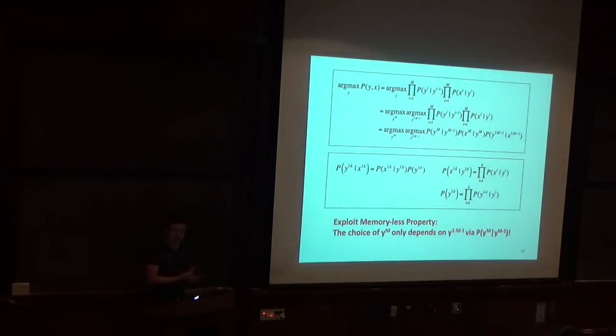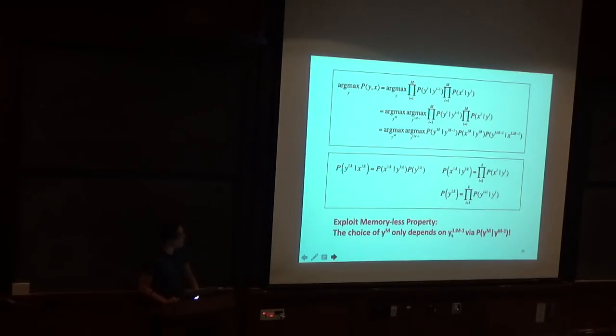What we're basically doing is exploiting the memoryless property of hidden Markov models to arrive at a dynamic programming solution for solving this argmax problem. In other words, if we somehow have computed a partial answer up to y_{m-1}, then the only thing we need to do to figure out the answer for y_m is look at this probability table and this observation x_m.